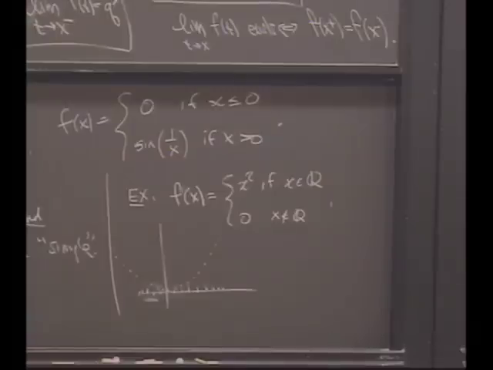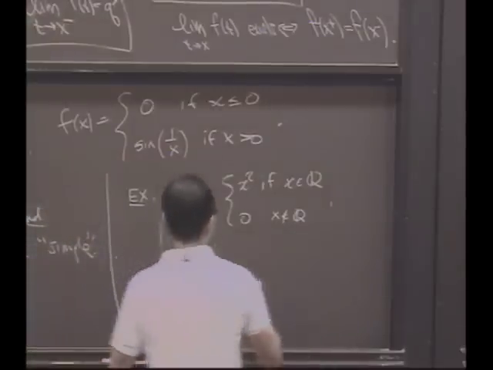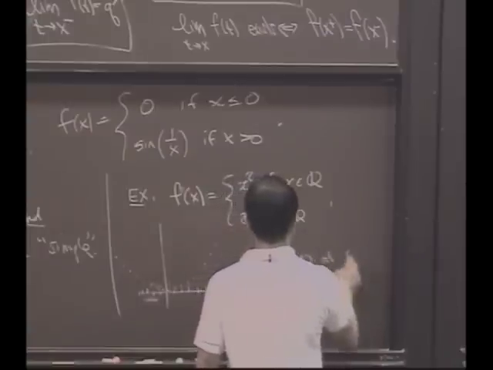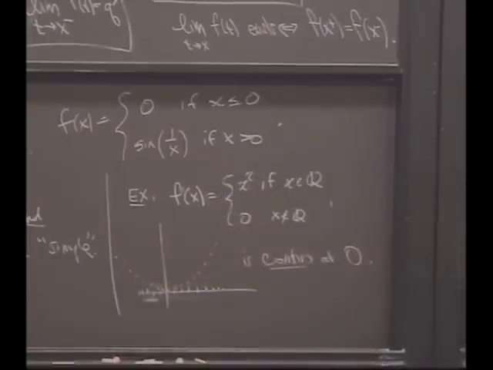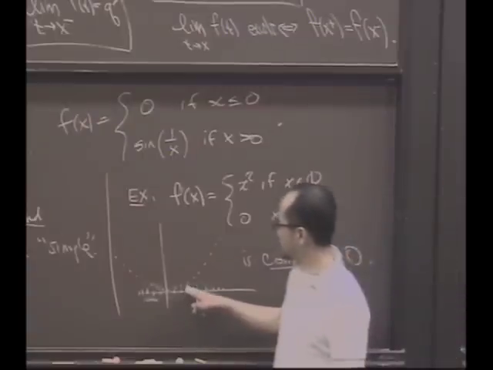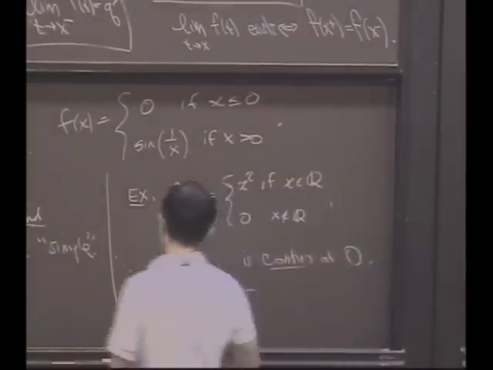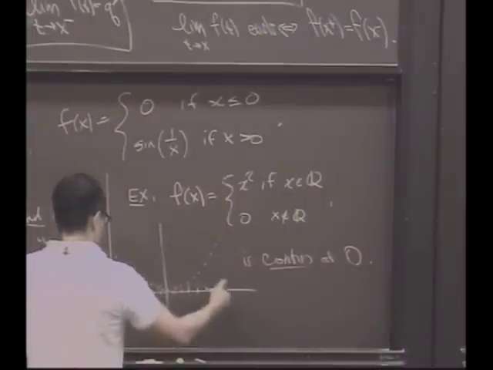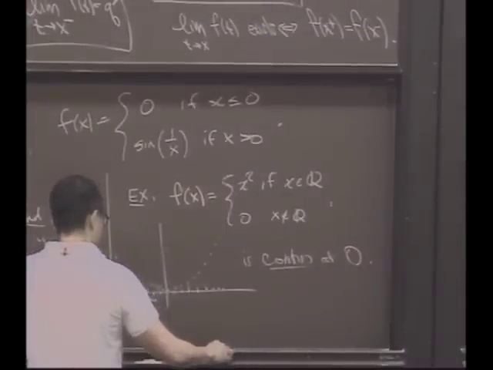Very good. And what are the nature of the other discontinuities? Are they all of the second kind? Yeah, let's see. How would I verify that? Well, if I were near some point here that is irrational, does a limit exist on one side or the other?